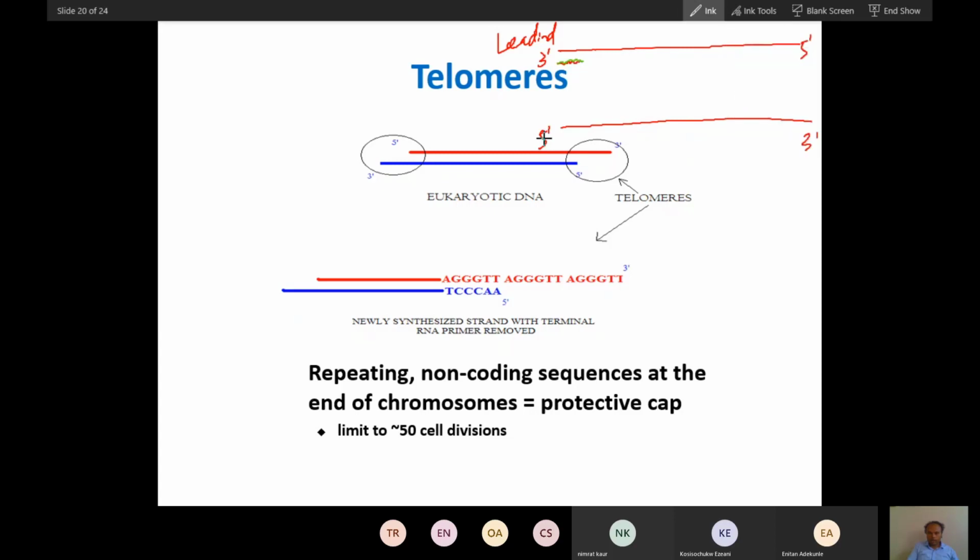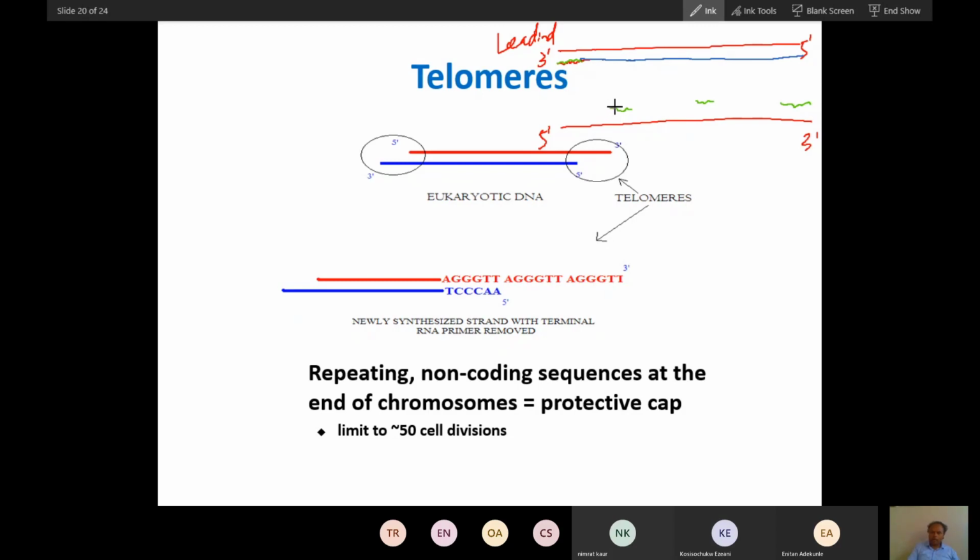There will be many primers here, like this, and then here. So these are primers on the lagging strand. In the leading strand there will be continuous synthesis of DNA, polymerization of DNA, like this.